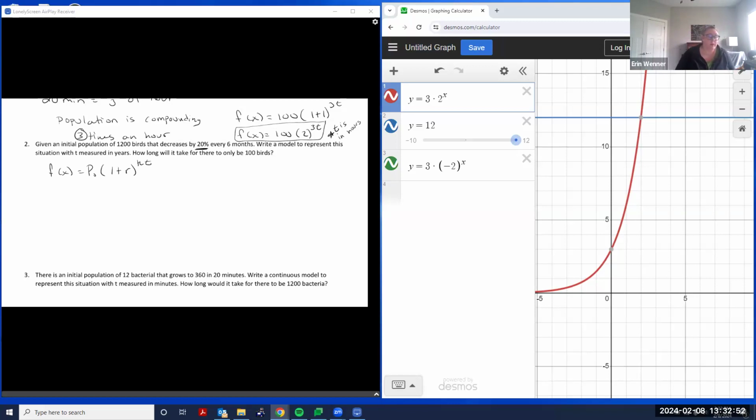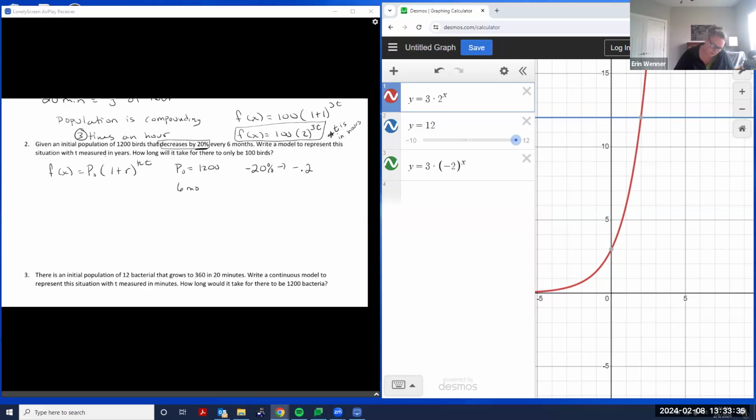So the initial population, that's P sub 0. It's telling us that the population is decreasing by 20%, okay? So decreasing means that our rate has to be negative. But again, we plug that in as a decimal. So 20% as a decimal is going to be 0.2. And then finally, that decreasing is happening every 6 months. So if we think about compounding, it takes 6 months for that 20% to reduce.